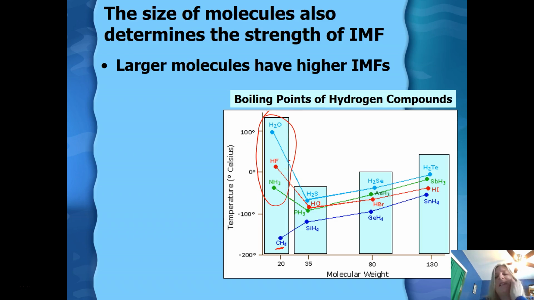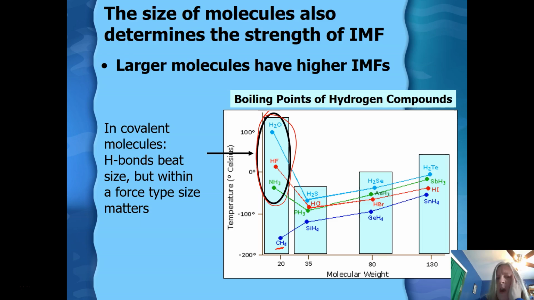What's so special about the guys I put a circle around? Why are they small, but why do they have such high boiling points? What's different about them? Well, if you said hydrogen bonding, you are correct. Remember, to have hydrogen bonding, you have to have hydrogen bound to an oxygen, a nitrogen, or a fluorine. It can't just be hydrogen bound to anything. And so these are special because of the hydrogen bonding.